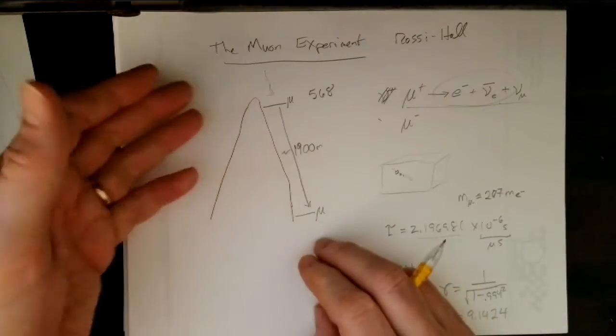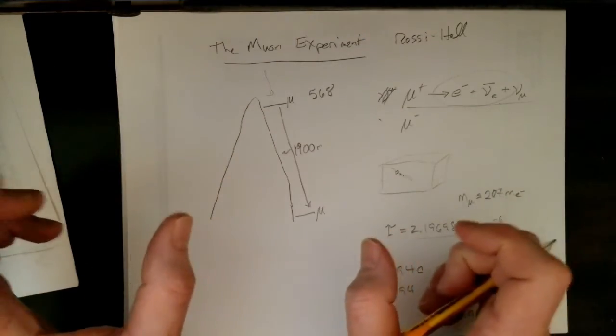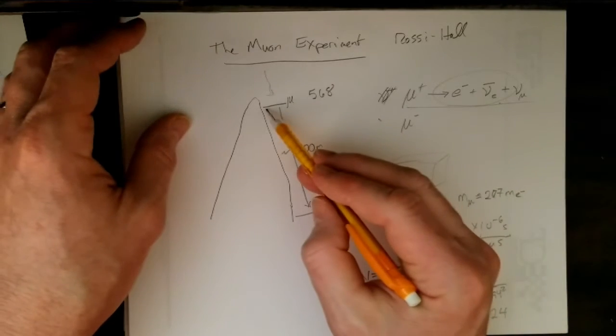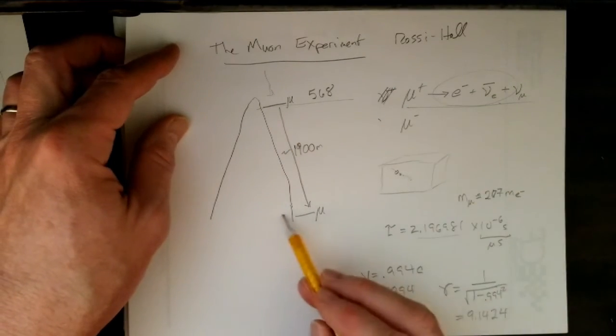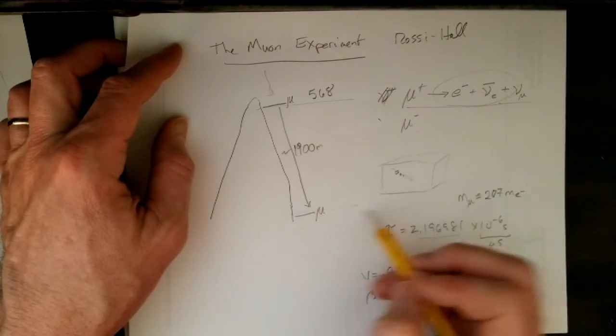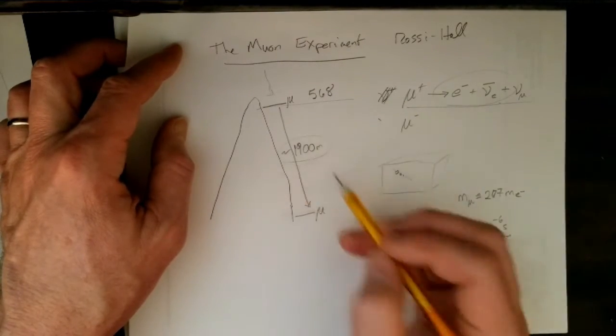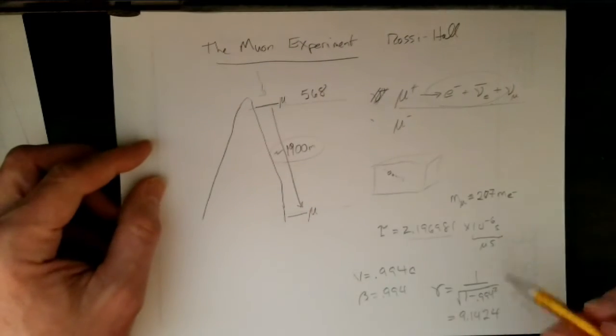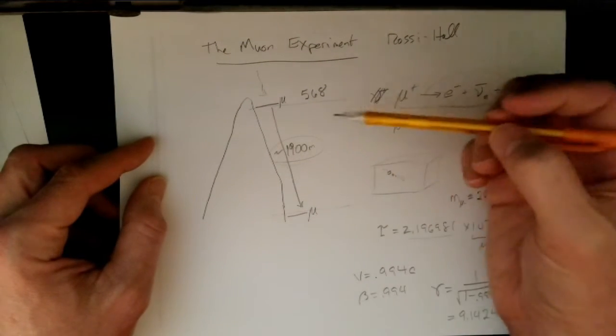Now, it wasn't set up directly like this. These were somewhat separate, but figure the number of muons at this level would be the same as any other point at that same level. So 1,900 meters. So the question is how long does it take for this muon to travel the 1,900 meters?